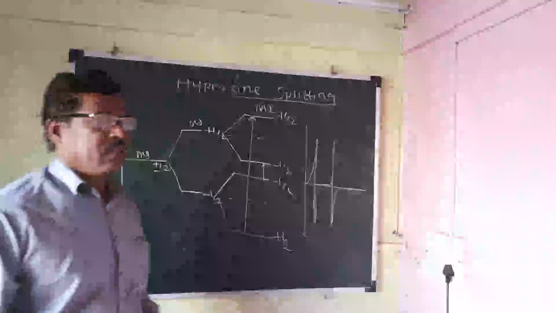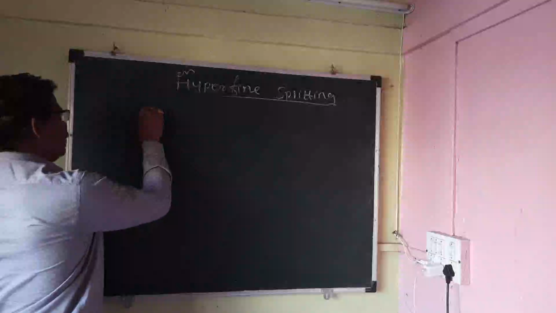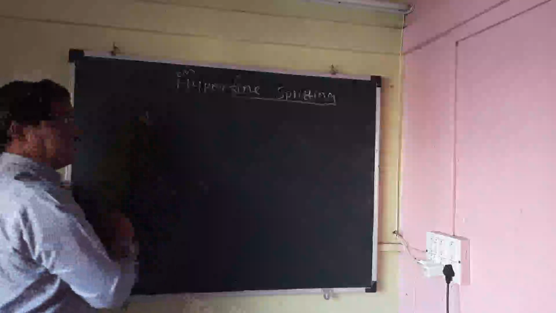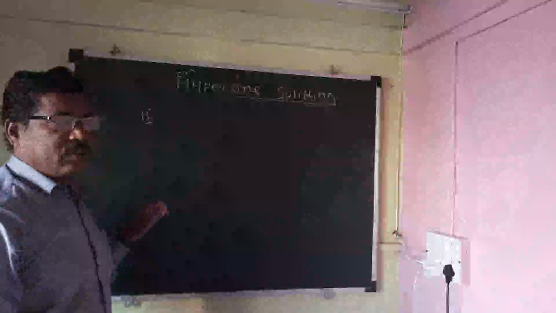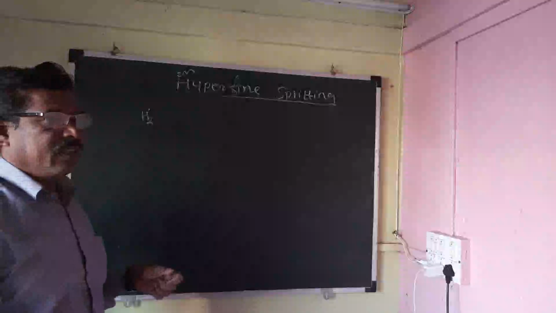This is the hydrogen spectrum. For deuterium, it has one unpaired electron. Deuterium is a D radical, also with one unpaired electron that interacts with the nuclear spin, and the nuclear spin value of deuterium is 1.